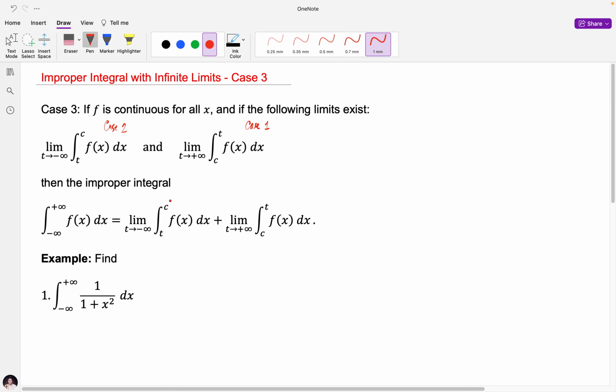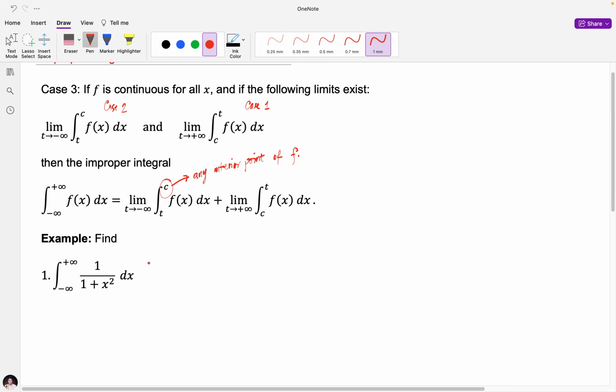Now, c here is any interior point of the function f. So we just need to check or identify any point on the function f, and make sure that it will easily solve the problem.